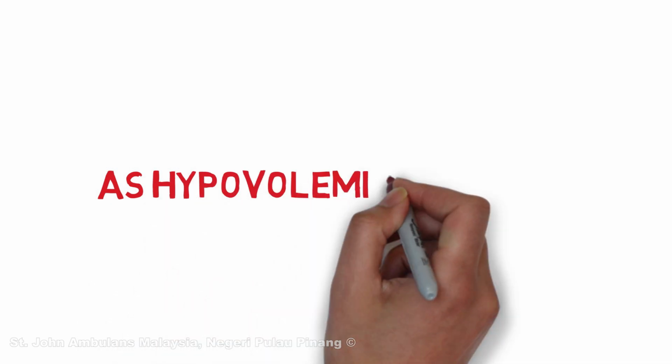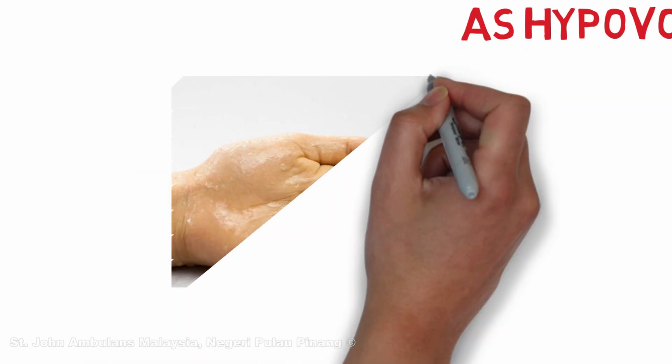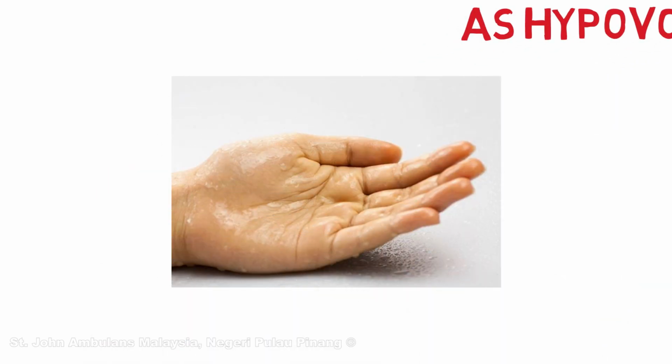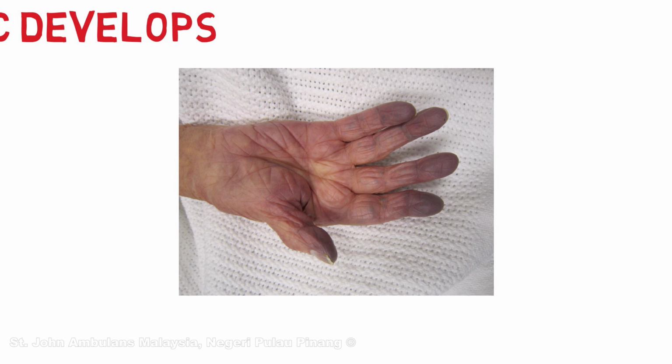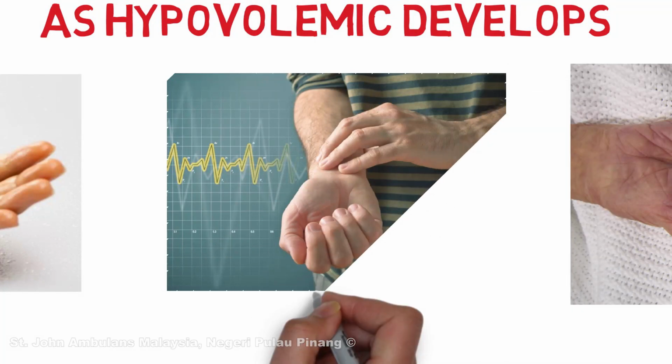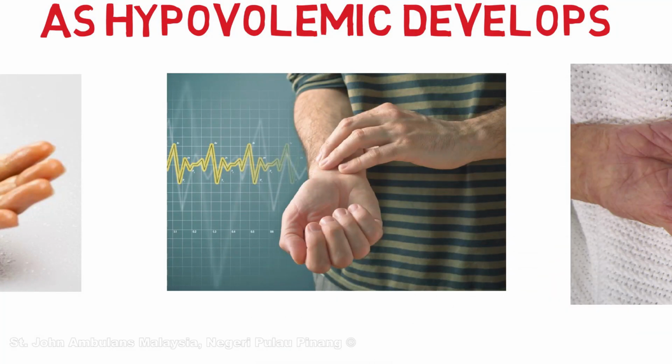The casualty will also present with symptoms and signs of hypovolemic shock. Initially, he may have pale, cold and clammy skin. If the bleeding continues, the skin may become cyanosed. He may be presenting with a weak and rapid pulse.